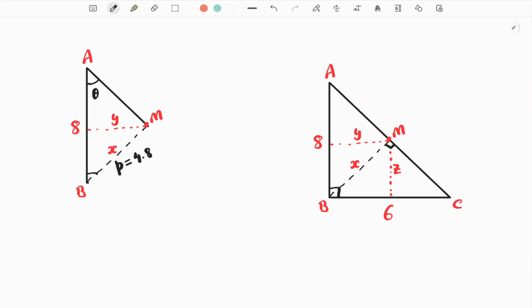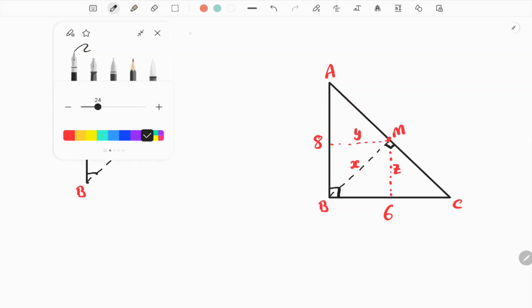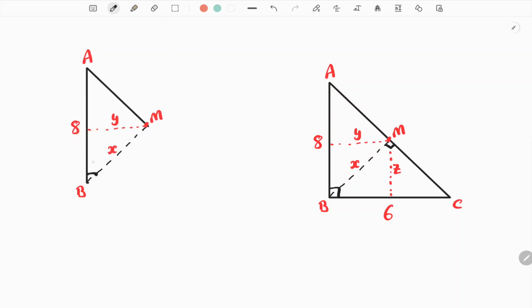Or we can take the other way around also. If we take this as the measuring angle, suppose this one is the measuring angle, then we can consider this one to be P. So this side BM we can take as B, which is equal to X, let us say 4.8.